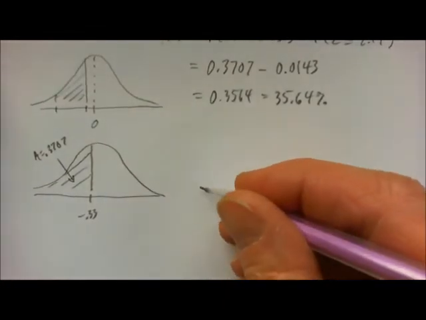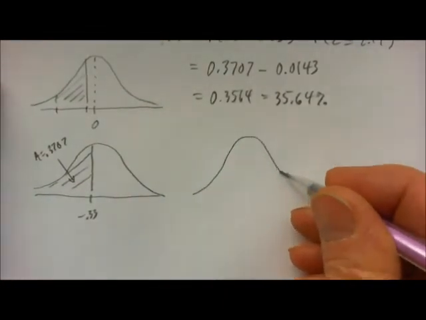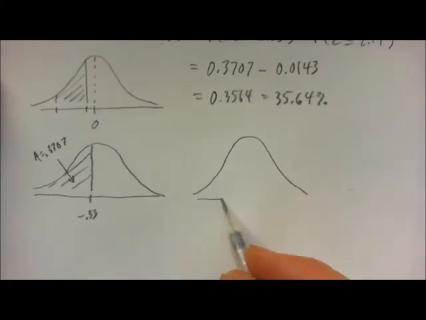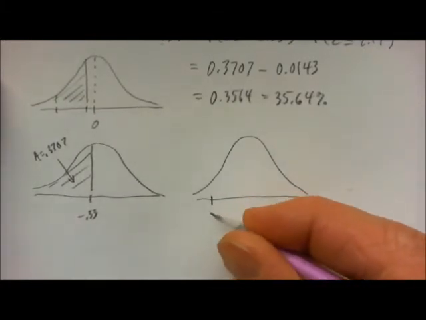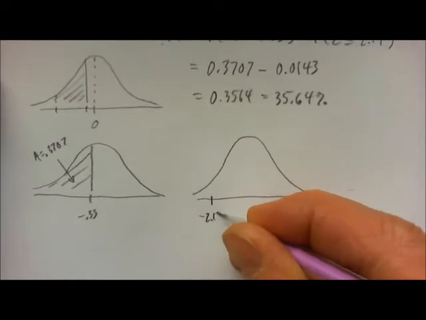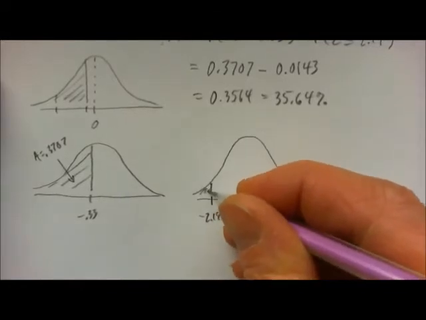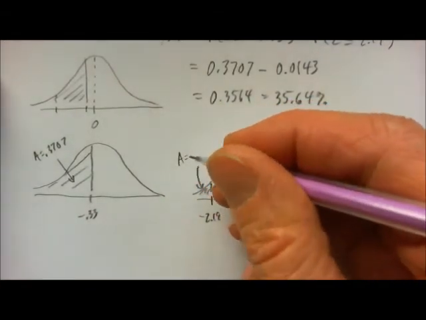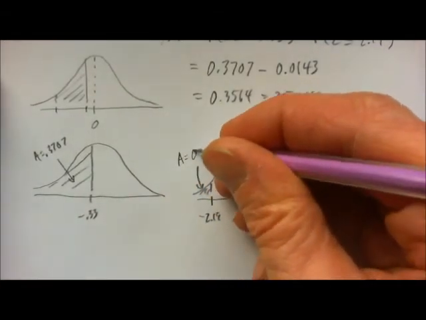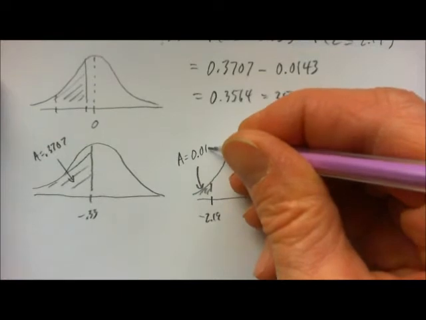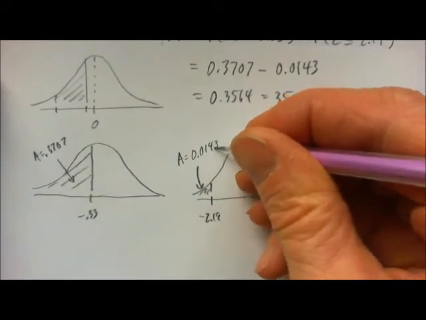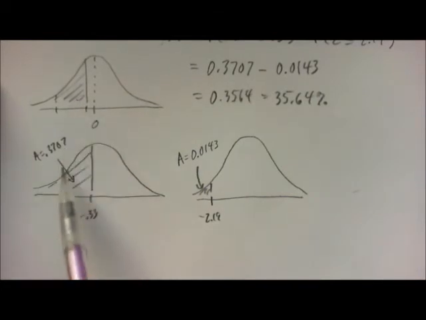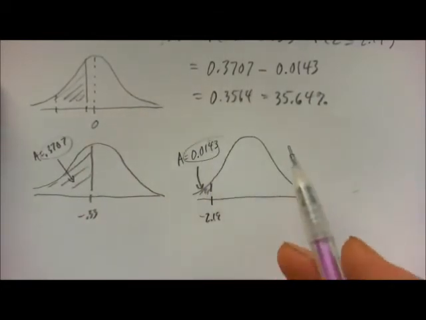And then we also find the area to the left of negative 2.19. That's clear over here somewhere. That's going to be a fairly small area. We look that one up and we find that the area is 0.0143. That's about 1.5% there. And then we can see that the area we want, this area, is this one minus this one here.